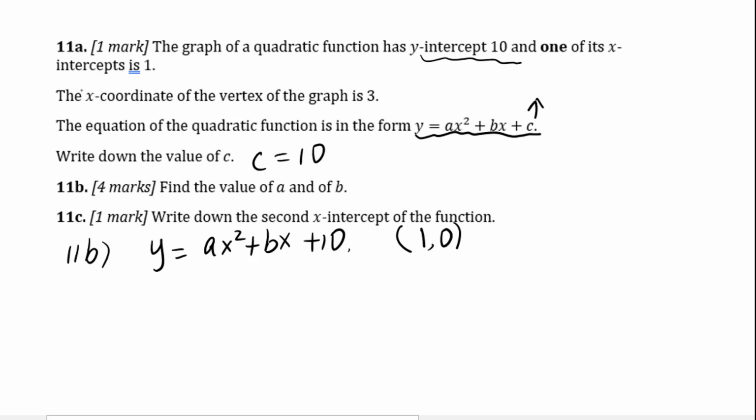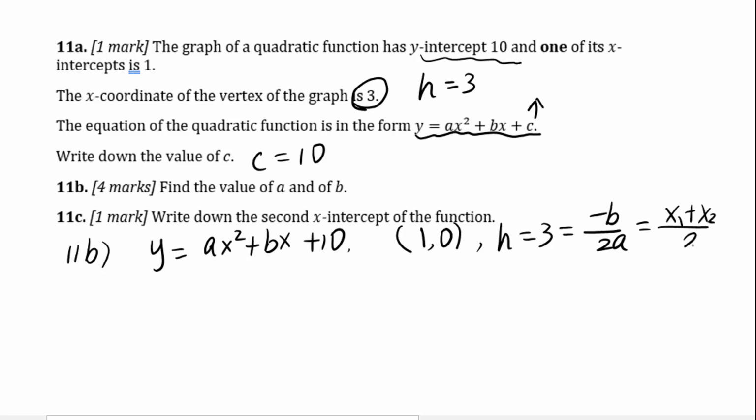And also given the x coordinates of the vertex of the graph is 3, which means this h equals 3. So we have h equals 3. H, that is negative b over 2a. Or we can write down x1 plus x2 over 2. Since we are looking for the value of a and b, we can use this as the equation.